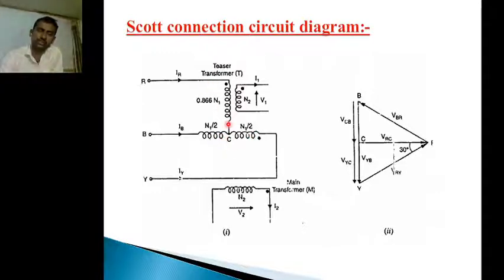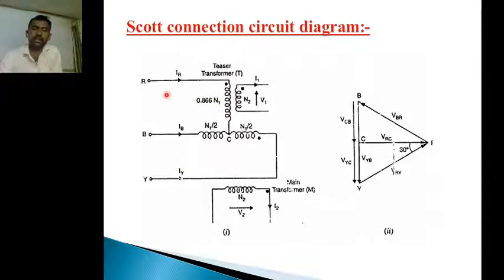These are identical transformers, so for the teaser transformer we go for 86.6% of the primary number of turns n1. We connect in this manner.